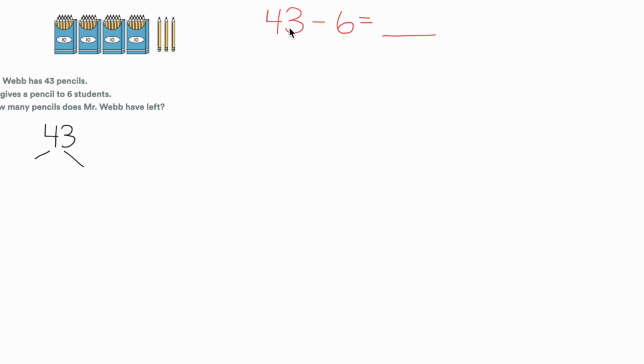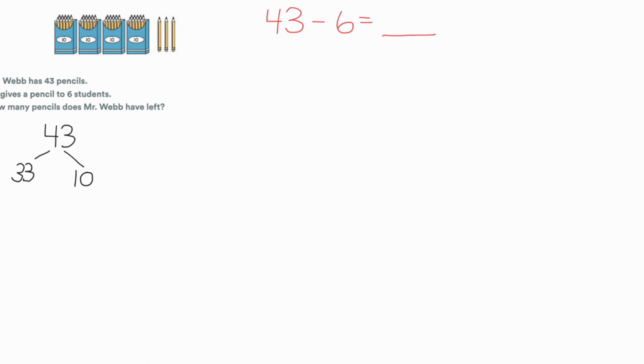Well, I know 43, that is 4 tens and 3 ones. But I know I can subtract from 10. Okay, so 43 is 1 ten, and then, okay, no, not 13. That would be 33 ones. Okay, 33, another 10, 43.